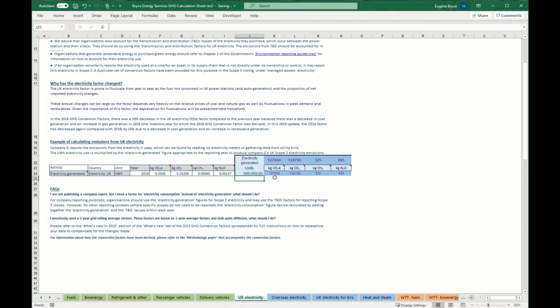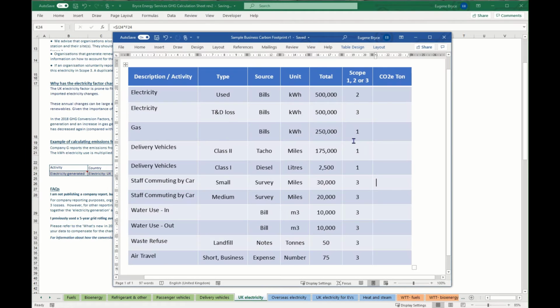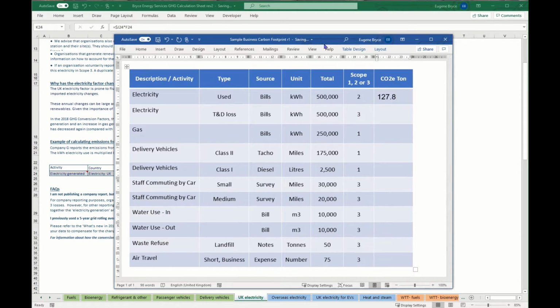And we get total CO2 equivalent 127,800. We're in tons, so 127.8. So electricity used 500,000, we've got 127.8.